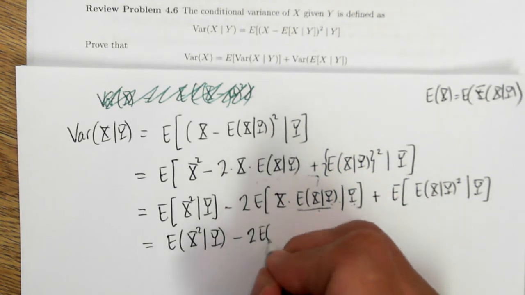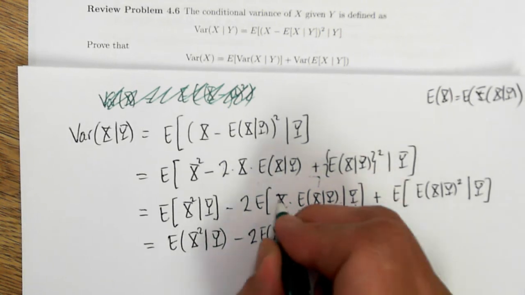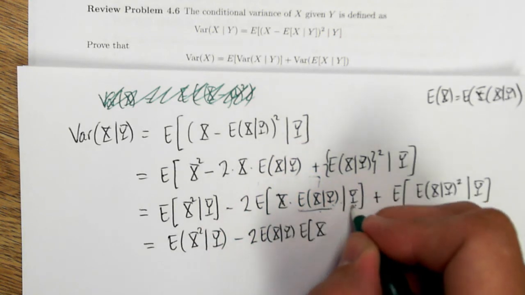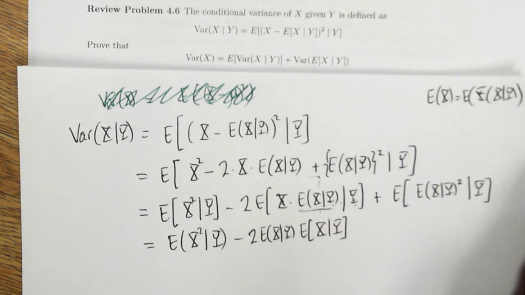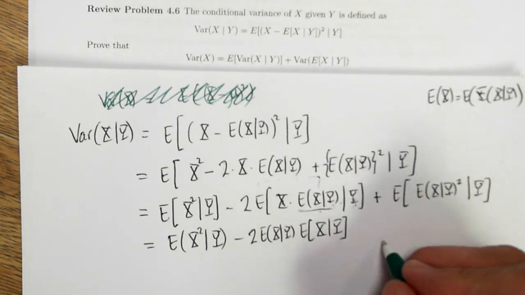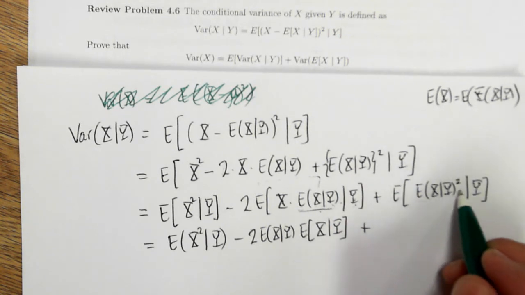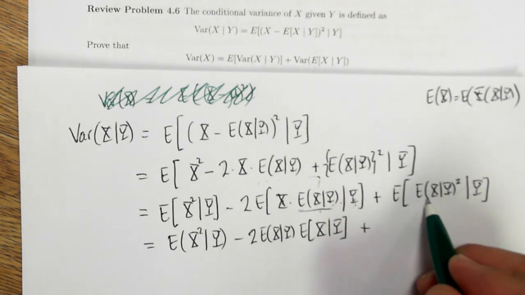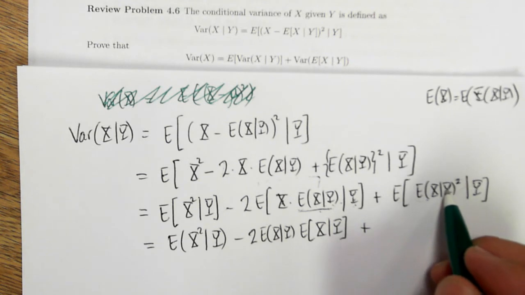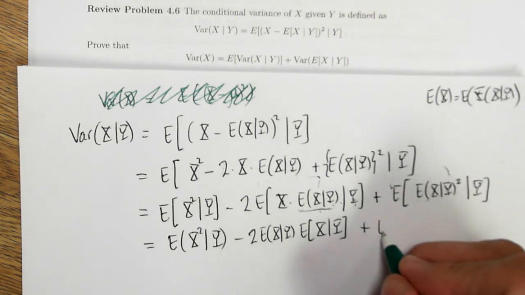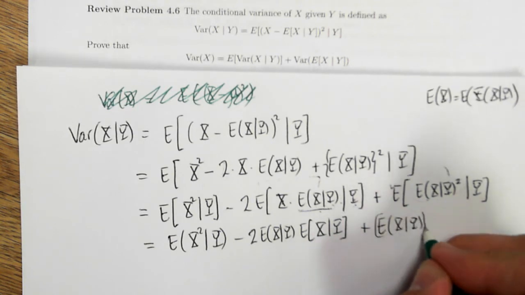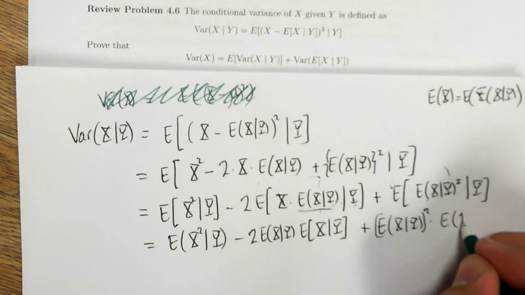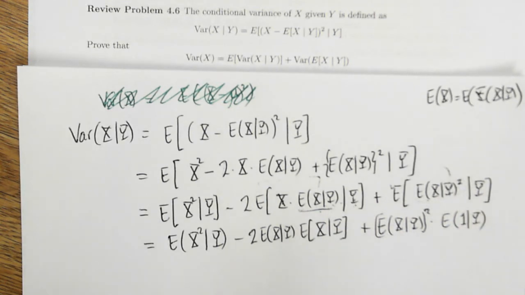So pulling that out, what's left is going to be the expected value of this X given this Y. Now over here, once again, this is a function of the random variable Y. And so this can simply be pulled outside of the expectation, the expected value of X given Y squared. And all that's left is expected value of 1 given Y, which is going to be 1.